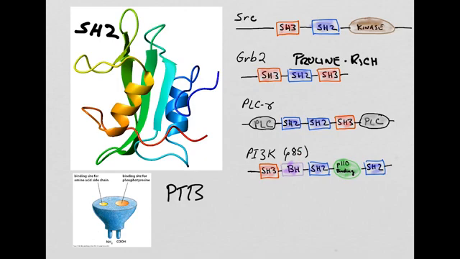One of the two subunits of PI3 kinase has SH3 and SH2 domains, in addition to the binding domain for the other component of the PI3 kinase. We'll talk about those specifically in the next video.